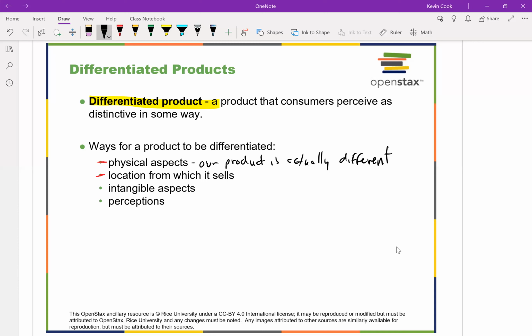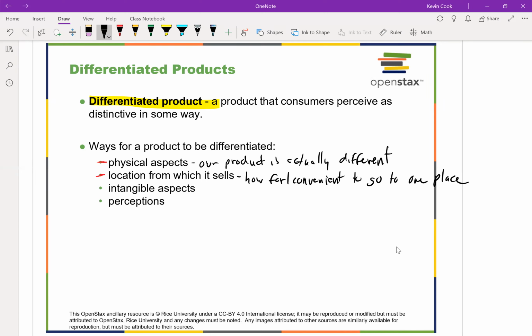So when we think about location, this could be either how far or how convenient is it to get somewhere, to go to one place over another. So suppose I think about something like McDonald's or Dairy Queen or Subway, right?